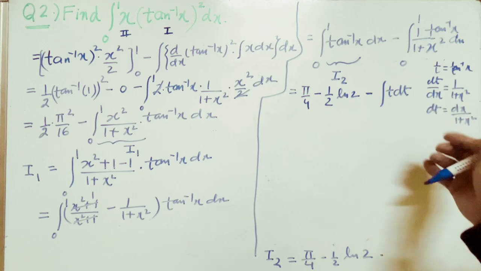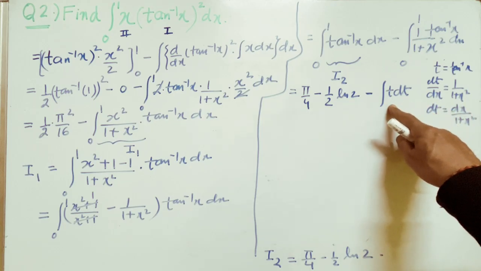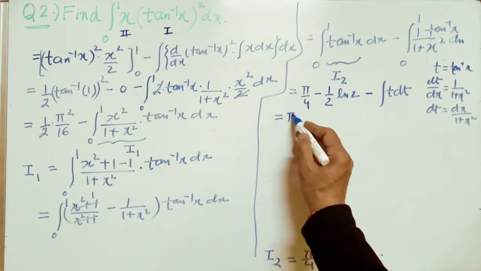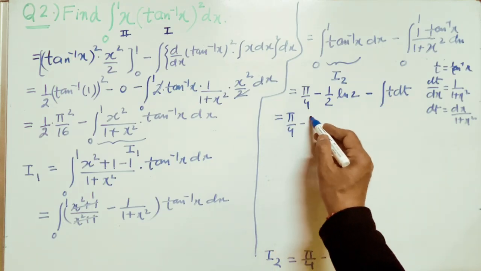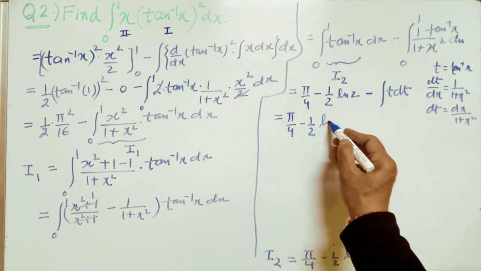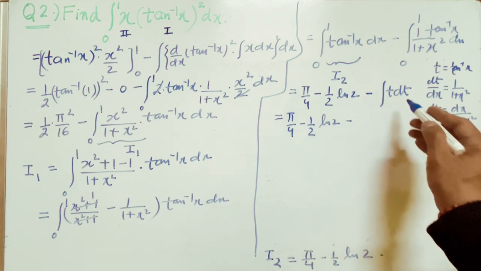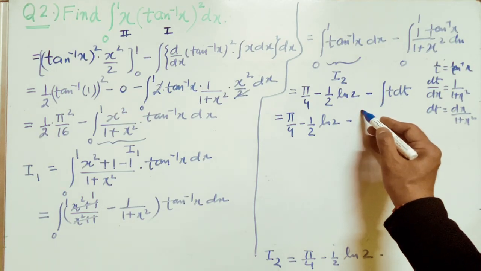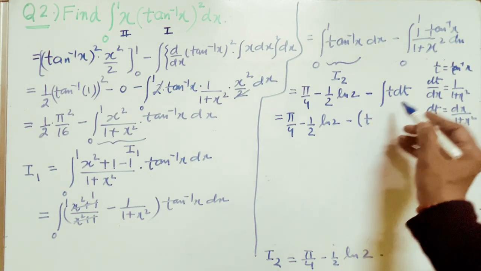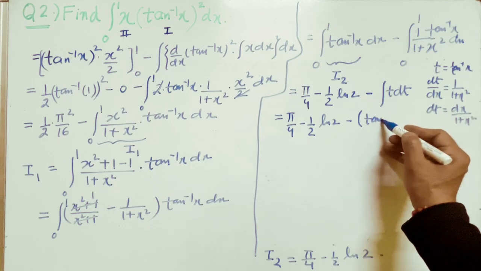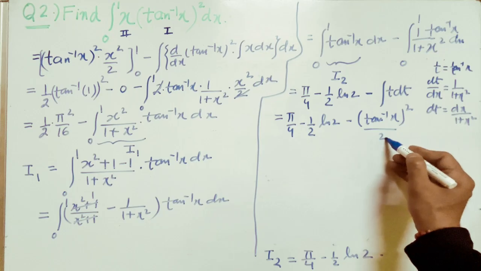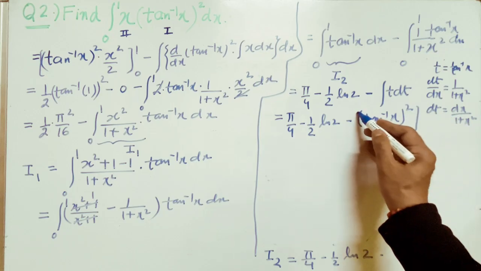In the next step, when we integrate this t, then we'll put it back as tan inverse x. So this is pi by 4 minus half ln 2 minus, and when we integrate t, it will become t square by 2, and then I'm putting in place of t tan inverse x. So it is tan inverse x whole square by 2. Limit is from 0 to 1.